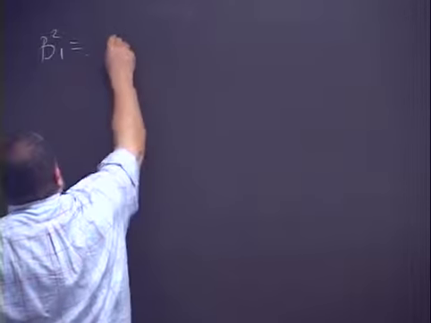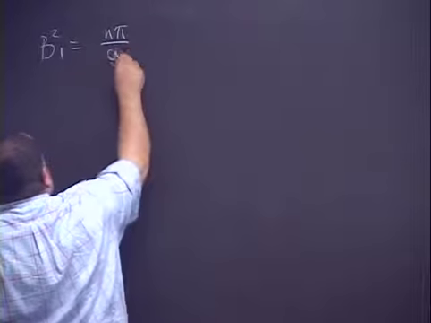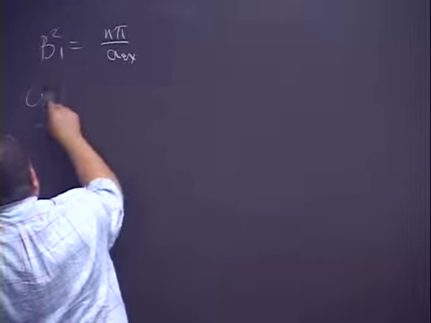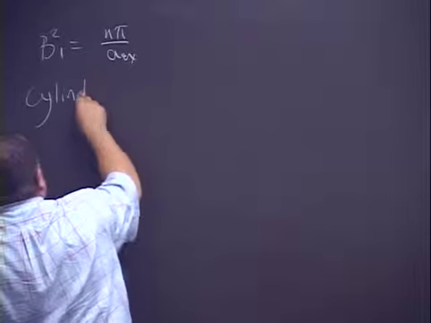So in the slab geometry, we found that the geometrical buckling B1 squared is just equal to n pi divided by a extrapolated. So for slab geometry, the geometrical buckling was just n pi over a extrapolated. Now let's look at cylindrical geometry.